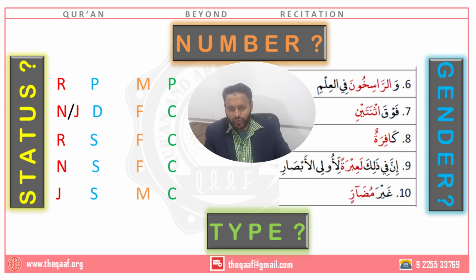Eighth one, kafiratun. Rafa because of dhamma tanween. Singular because no sign of dual or plural. Feminine because tamarbuta. And common because none of the 7 reasons apply here. So rafa, singular, feminine, common. Ninth, la'ibratan.